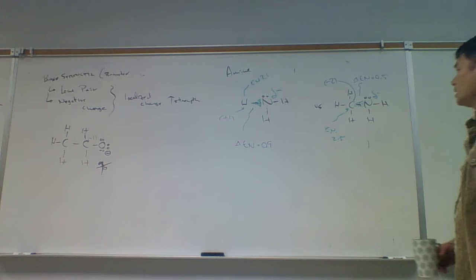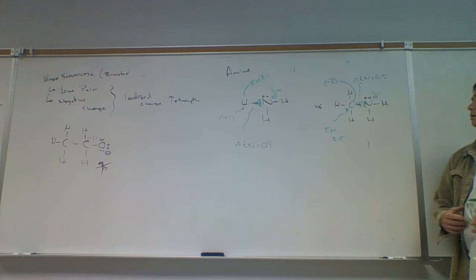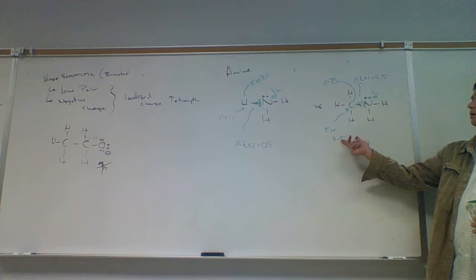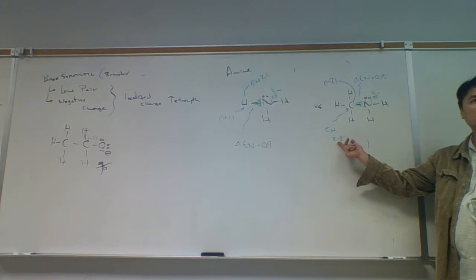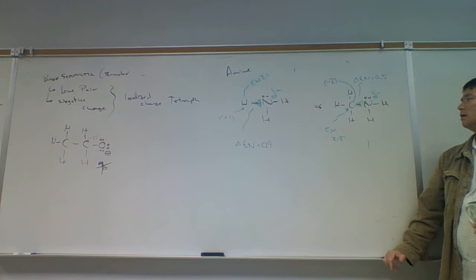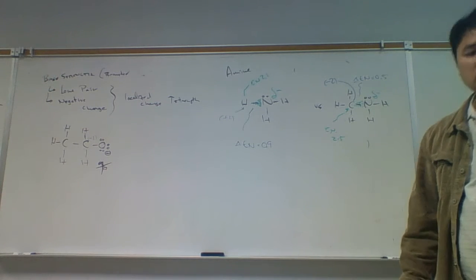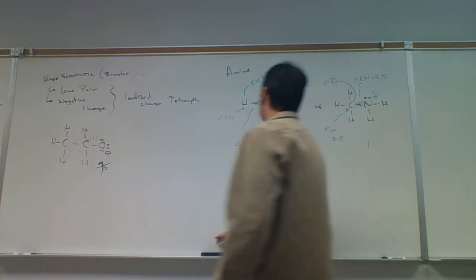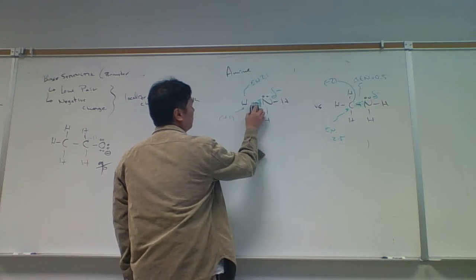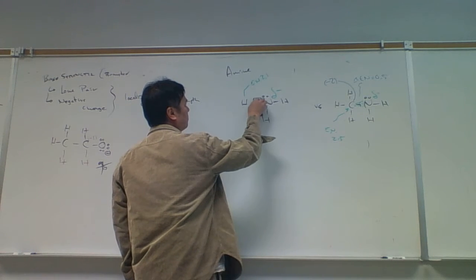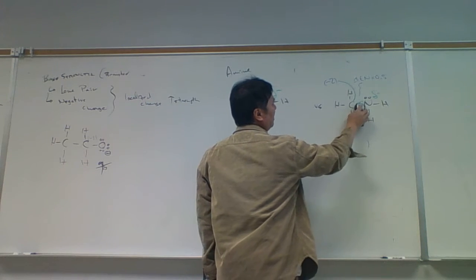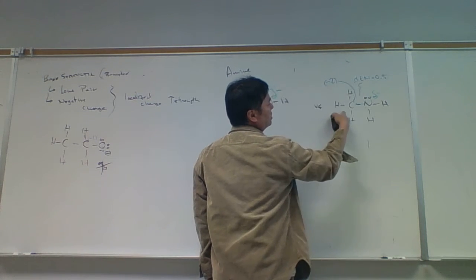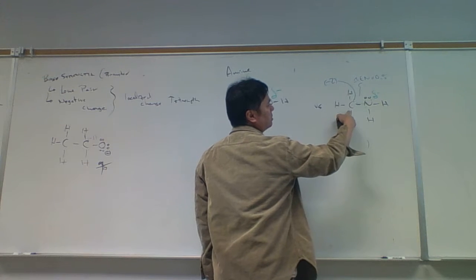Which tells me what? Did this electronegativity analysis really work? No, it tells me this. It tells me that this methyl group, having a -2 oxidation state, is electron rich.